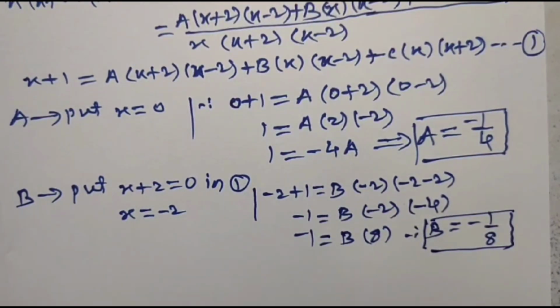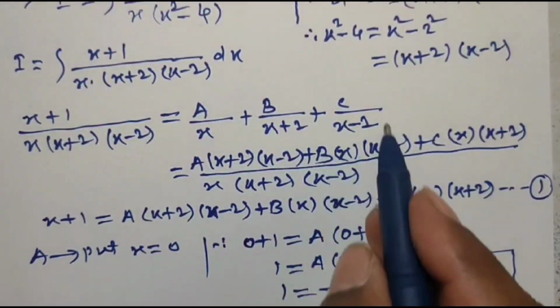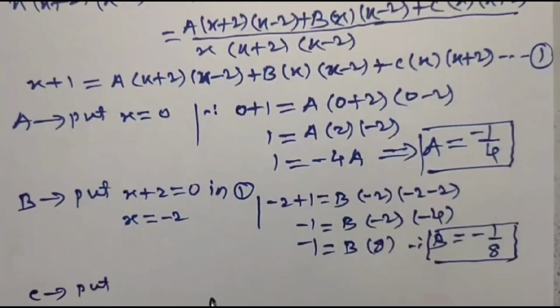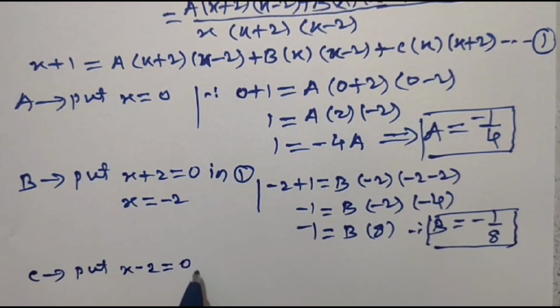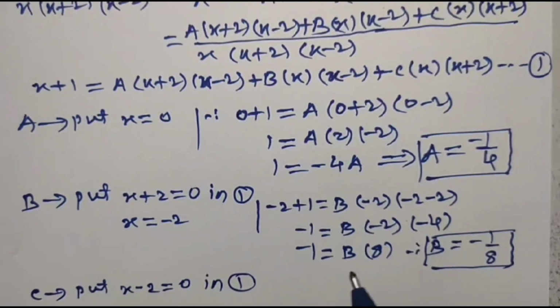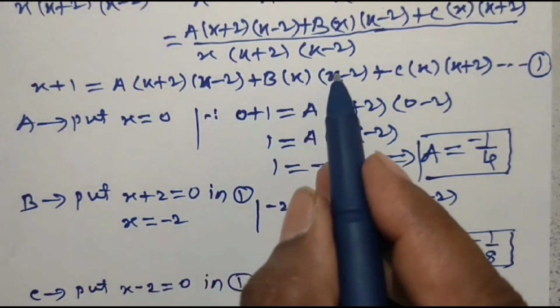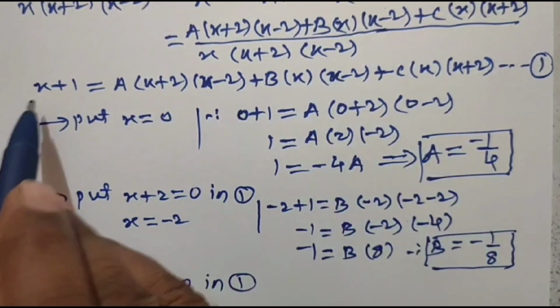Then to find value of arbitrary constant c, put this x minus 2 is equal to 0 in equation 1. Hence x minus 2 is equal to 0. This gives x is equal to 2. If we substitute x minus 2 is equal to 0 in equation 1, then first term becomes 0 and second term becomes 0. Remains only third term and left hand side.